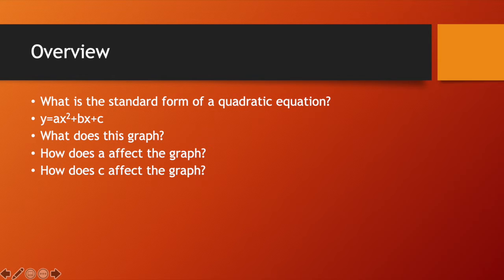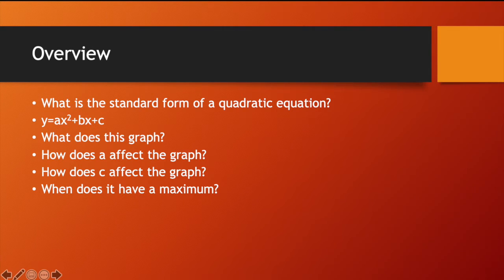So if you don't know that, write that down. I was thinking of it in the vertex form. Sometimes it doesn't. In vertex form, that is the k value, and it is not the c value. Only in standard form is the c value the y-intercept. Yes, good observation.